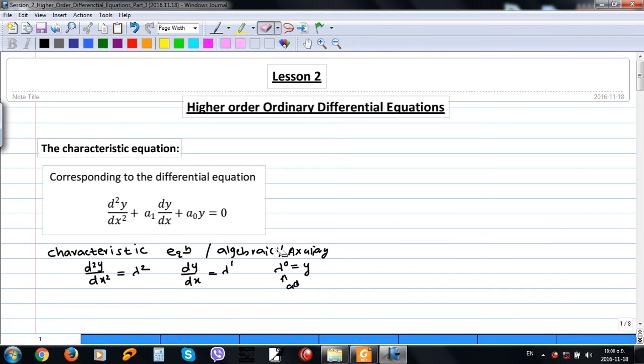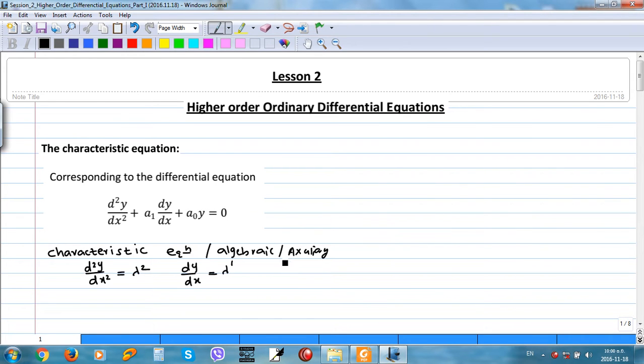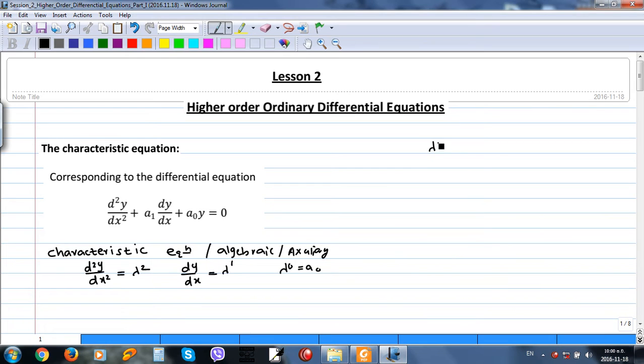Since lambda naught equals 1, we can write the characteristic equation this way: lambda squared plus a1 lambda plus a naught equals 0. This is the characteristic equation.